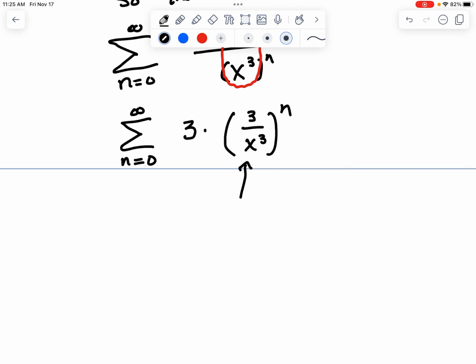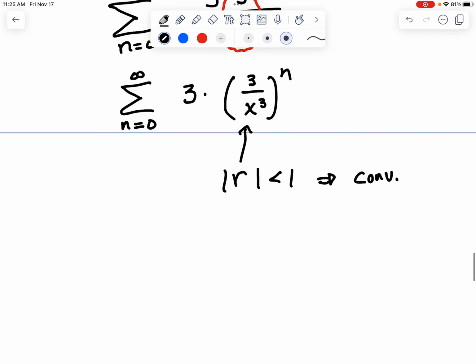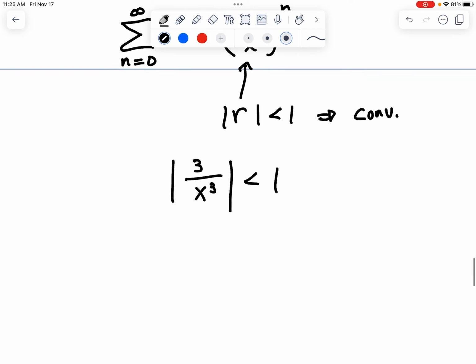So in other words, this is the r. And if r in absolute value is less than 1, then it converges. So if you take the absolute value of 3 over x cubed and say that has to be less than 1, that's what's going to make it converge.